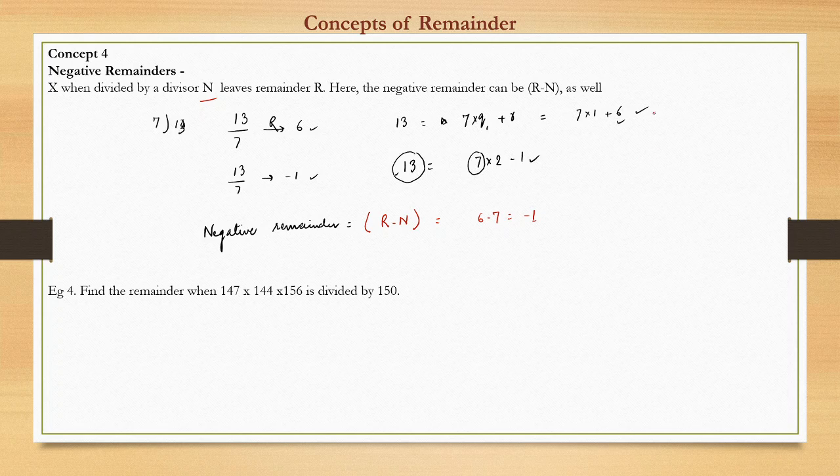Similarly, if we take another example, say 210 divided by 25, the remainder is 10, since 25 into 8 is 200. This is the positive remainder. So what would be the negative remainder?